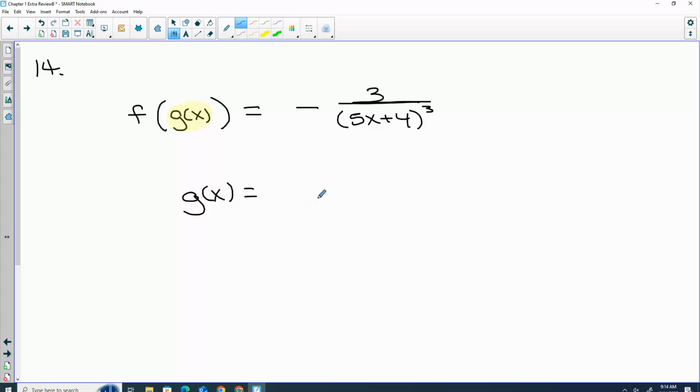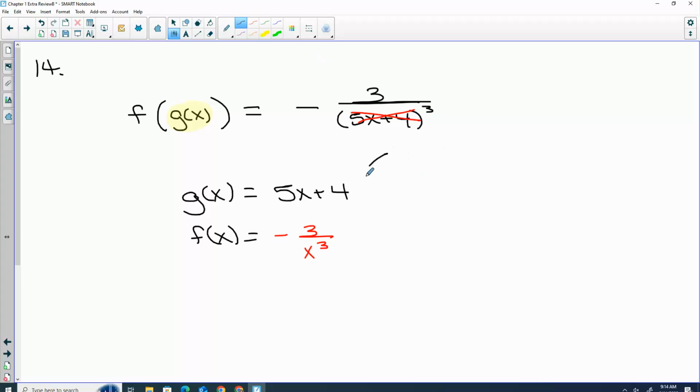What do you want your g value to be? 5x plus 4. That's one possible answer. If that is my g, f is when we take that out and replace it with an x. So I said my g is 5x plus 4. If I replace that whole thing with an x, my f is negative 3 over x cubed.